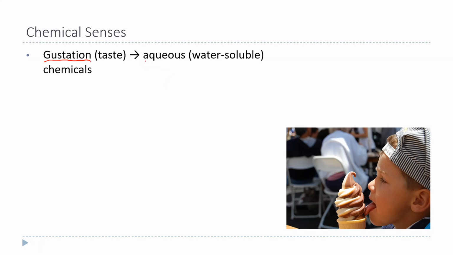Aqueous is just a word that means water-soluble, that come in contact specifically with the tongue. So typically this means chemicals from substances that get into your mouth. So it's basically a contact sensation. You're not able to really detect chemicals with your tongue at a distance. So anything that physically comes in contact with your tongue, if it contains water-soluble molecules that have receptors on the tongue, then you will be able to detect that.